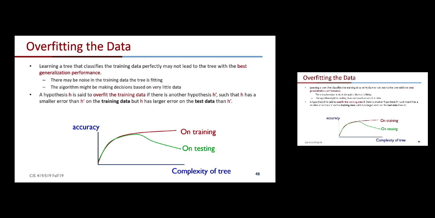So intuitively, we agree that as a function of the complexity of the tree, the accuracy on the training data is going to go all the way until you completely fit the data, at least when we deal with decision trees that we agreed is a very expressive class of functions. But on the test data, this is not going to happen. At some point, you're going to start reducing the accuracy. And at this point, we're going to start saying that we overfit the data. Okay, so that's where we left off last time, pretty much.